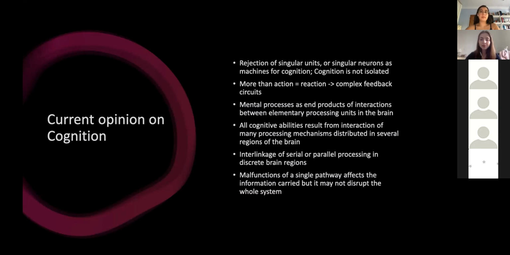Mental processes have been discovered to be the process of interactions between the elementary processing units of the brain. These elementary processing units are not singular cells, but different parts of the brain communicating with each other.